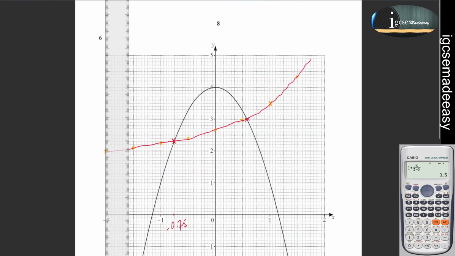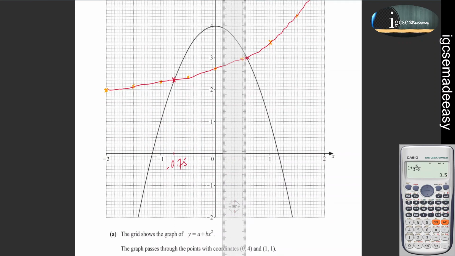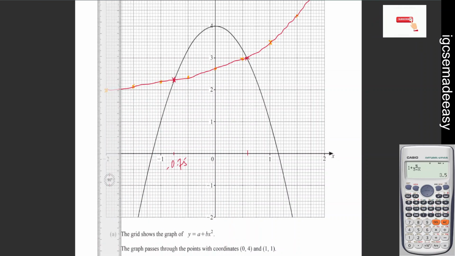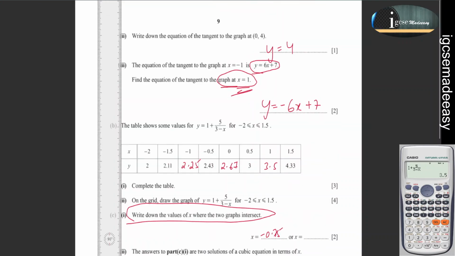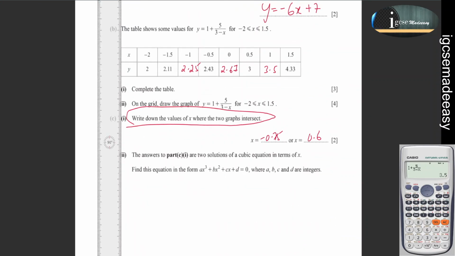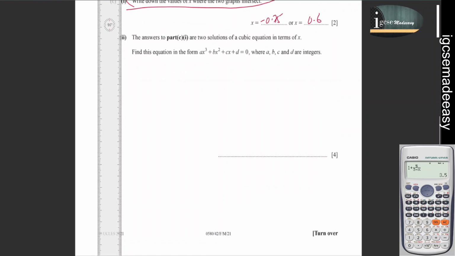The other value of x will be this point, so that is plus 0.6. So both the values of x where the graphs intersect are plus 0.6 and minus 0.75.